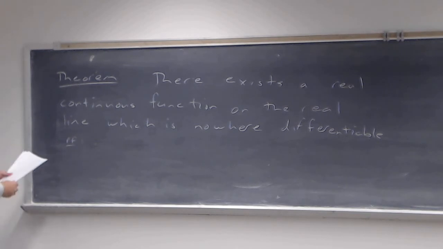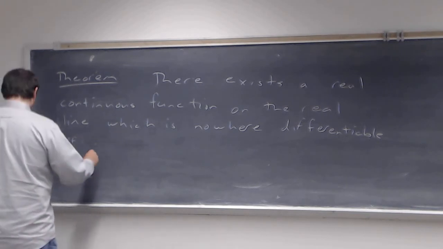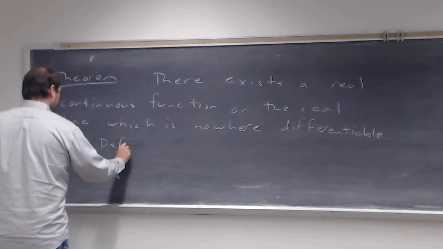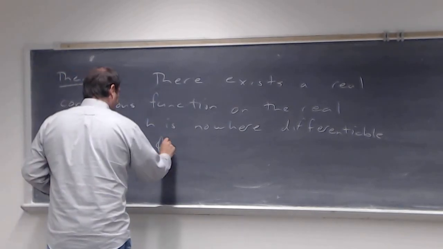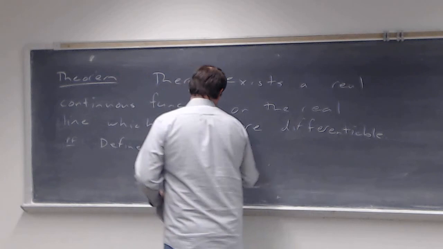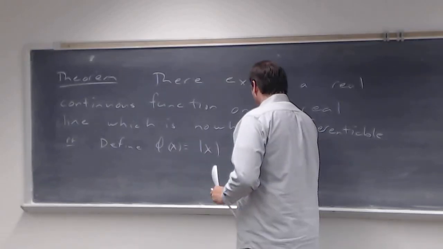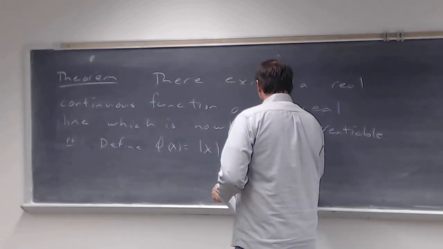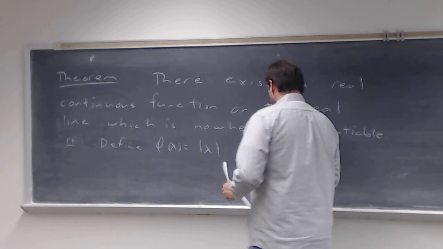So we're going to create this function. We define phi of x being equal to the absolute value of x. Well, that's not so special, but we're just going to look at it on -1 to 1.